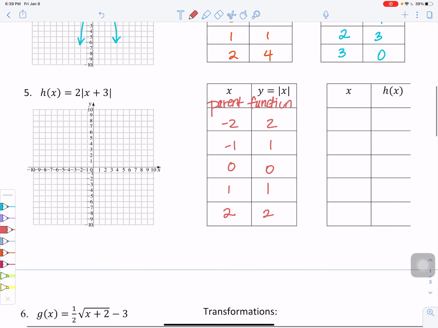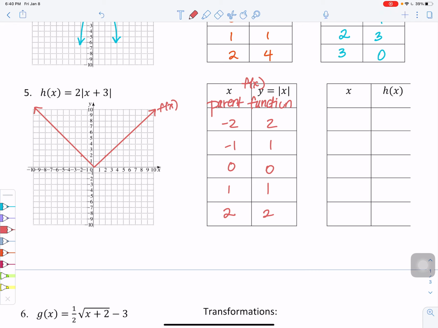Let's go ahead and have a nice quick plot. And we have that beautiful graph that is the V for the parent function. Okay, and I'll call that f of x, okay?